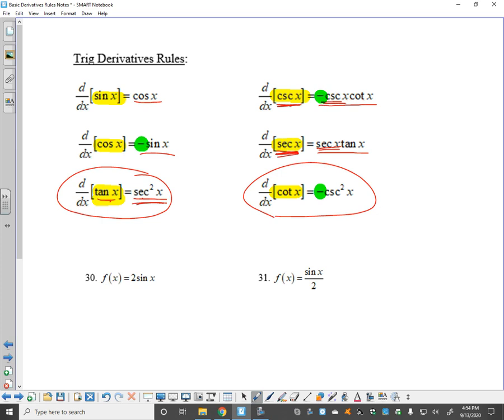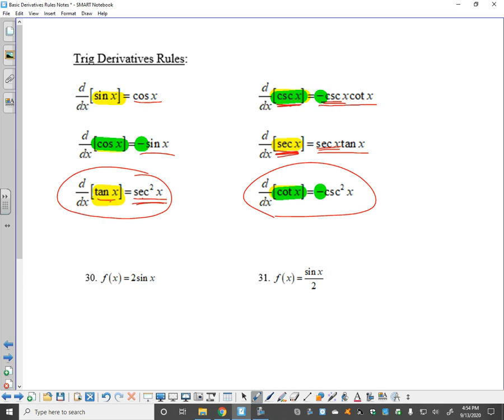Okay, now I want you to notice the green highlighted negatives only pop up for derivatives of a trig that starts with the letter C. Now, I'm not saying the answer starts with the letter C. I'm saying what I am taking the derivative of starts with a letter C. Then the derivative of that value is negative.